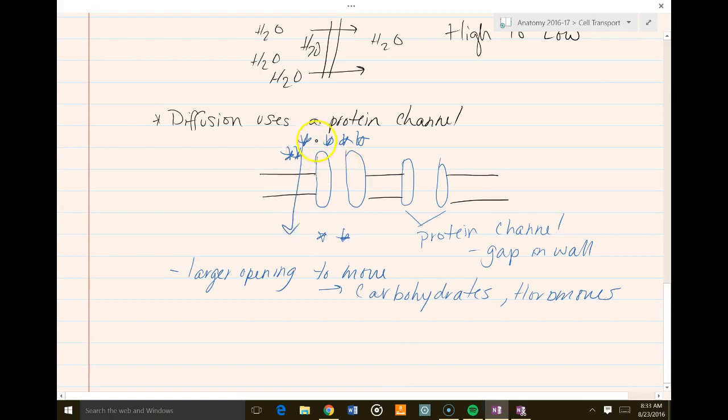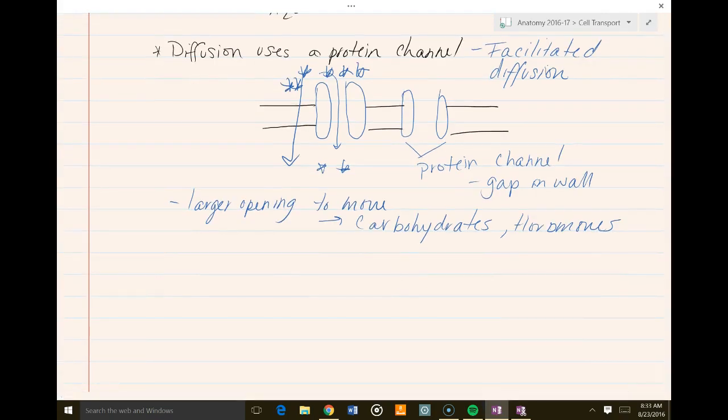But instead of going through the membrane, they're going to go through this particular protein channel. And this type of diffusion that uses a protein channel, we call facilitated diffusion. Right, it's facilitated, or made easier, by a protein. Okay, so those are the two types of passive transport that I want you to know, and then that special type of diffusion, osmosis.